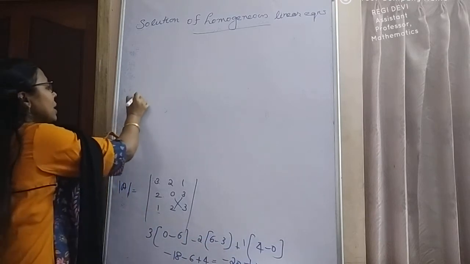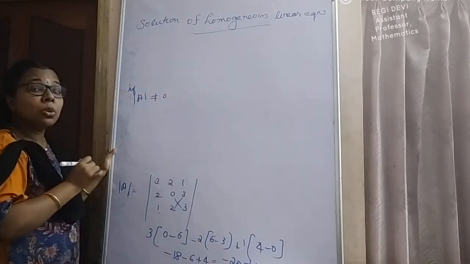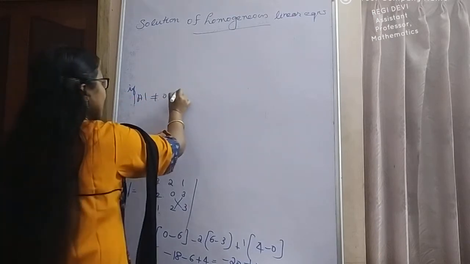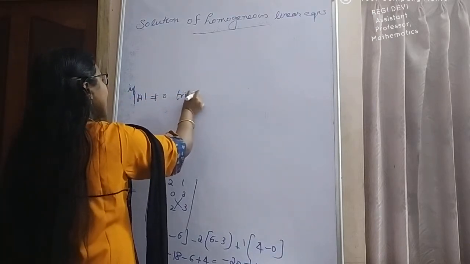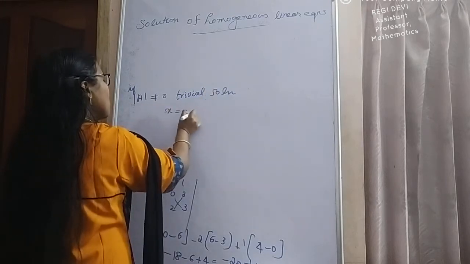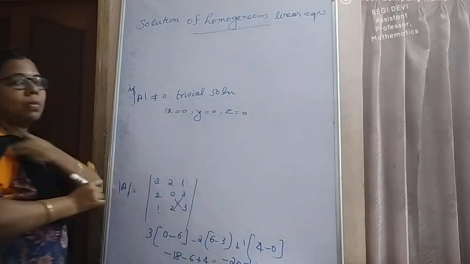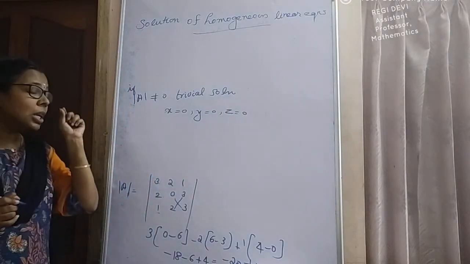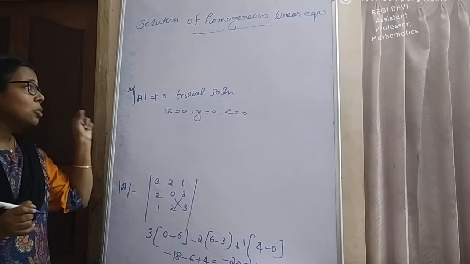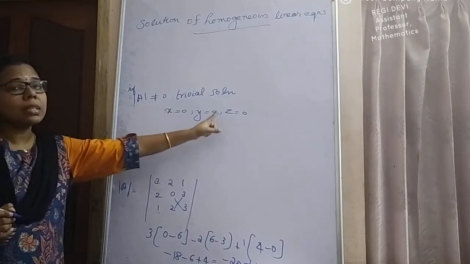If determinant A is not equal to 0, we get only the trivial solution, that is x equal to 0, y equal to 0, and z equal to 0.